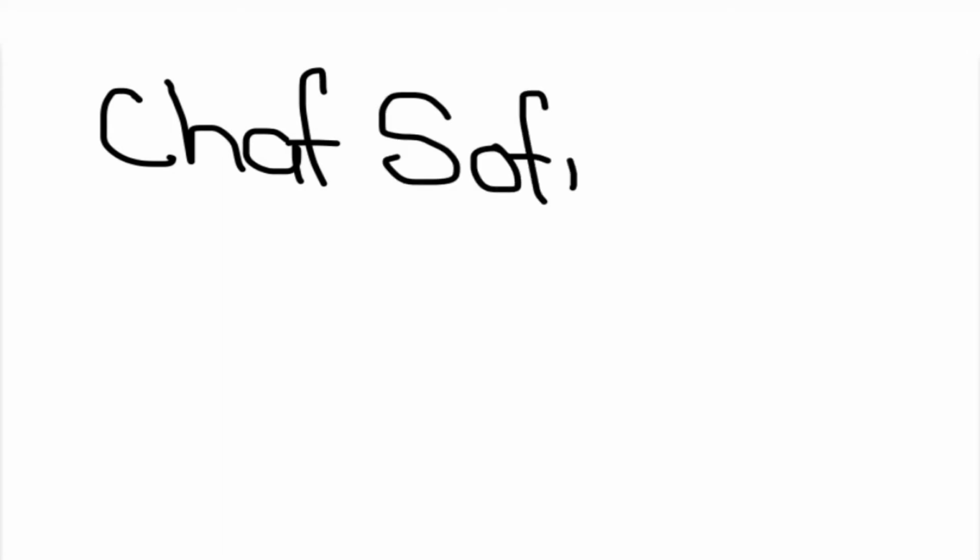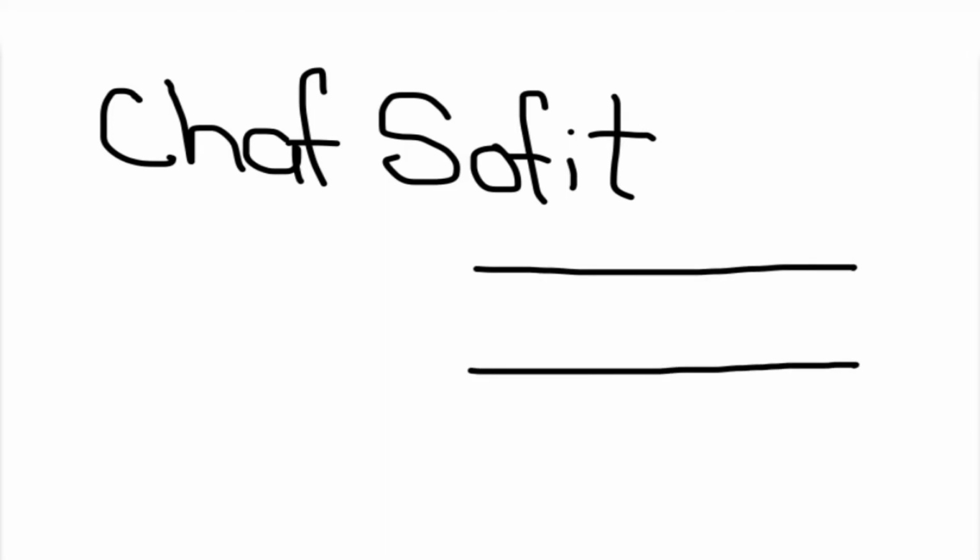Okay, so since we started with the chaf at the beginning, we're going to do the chaf sofit now. Chaf sofit. Go ahead in your notebook. And if you have a lined paper or a lined spiral bound notebook, your chaf sofit is going to go from the same height as before.